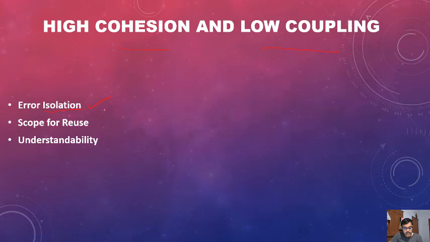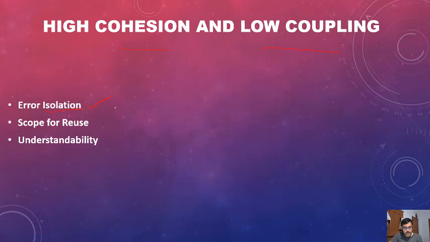So error isolation is very easy. Further, once a failure is detected, the error isolation makes it very easy to locate the error. If we get an error, it is very easy to locate it. And when a module is not functionally independent, once a failure is detected in a functionality provided by the module, the error can potentially be in any of a large number of modules and propagate to the functioning of the module.